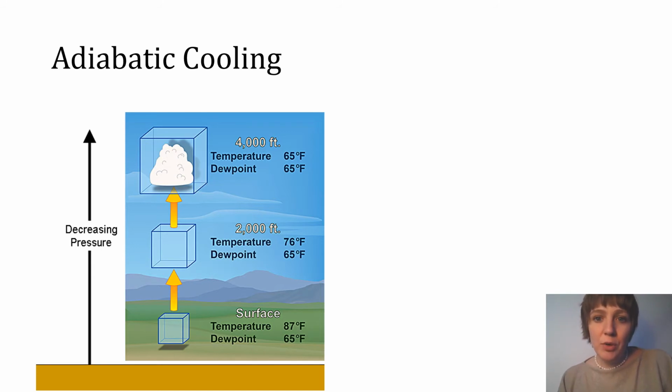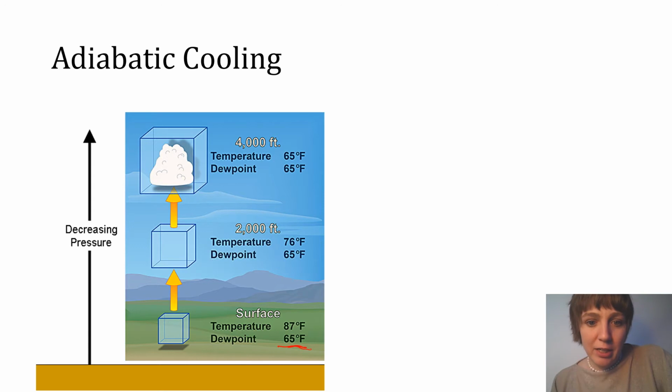We call the temperature at which this happens the dew point temperature. In the example shown, the air parcel has a dew point temperature of 65 degrees, meaning that if you cooled that air down to 65 degrees, the parcel would be saturated and condensation, or dew, would appear. What does this mean for our model atmosphere?